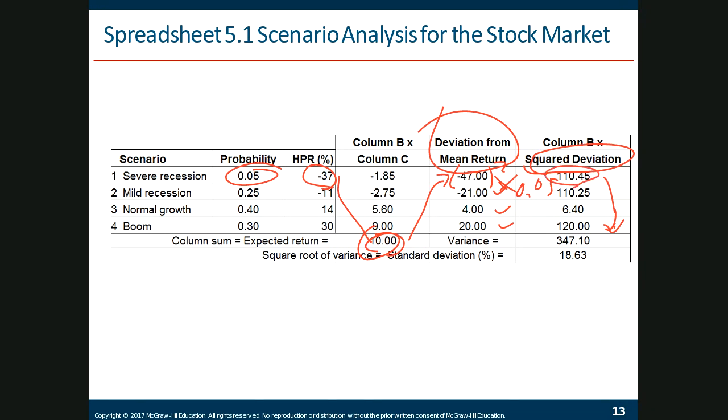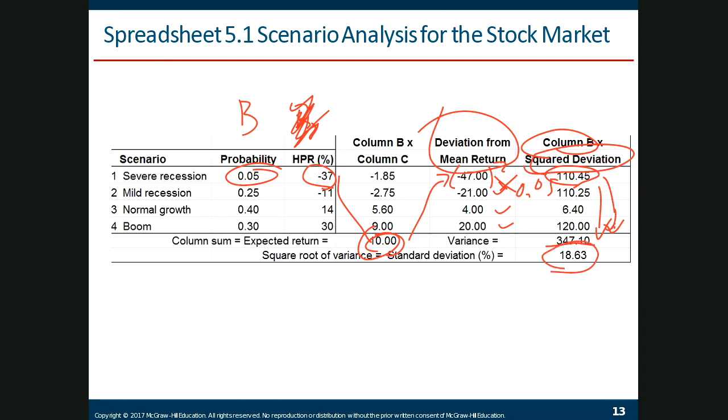So then you add all of these, column B. This column B times squared deviation, add them up, you're going to get 347.10, and the square root of that is 18.63.